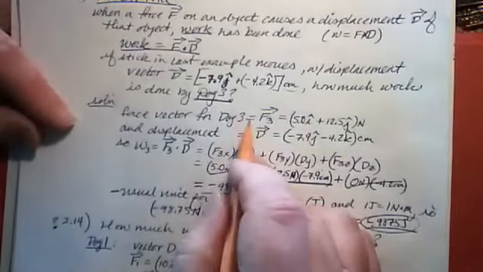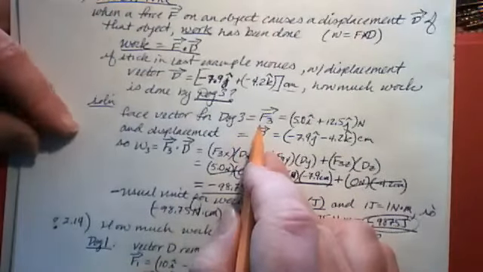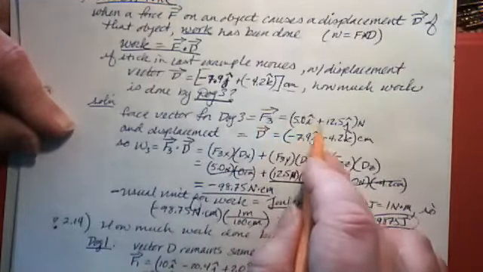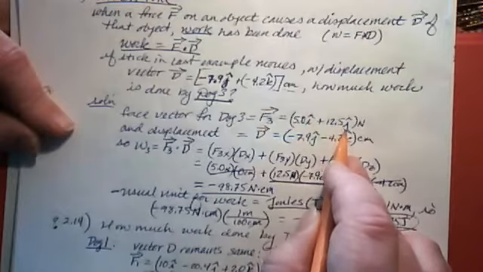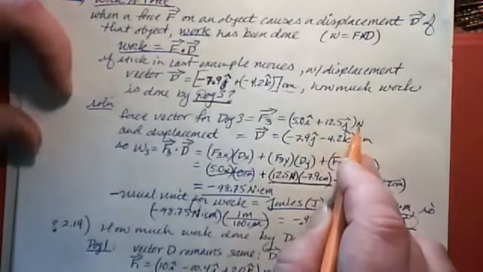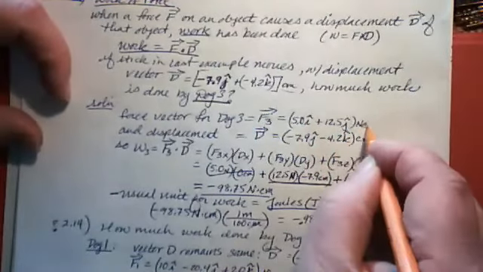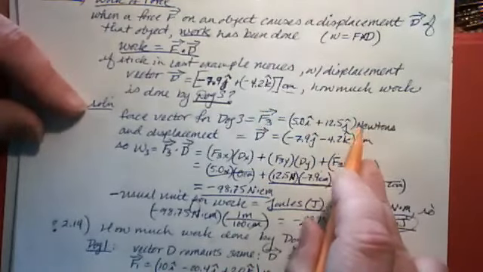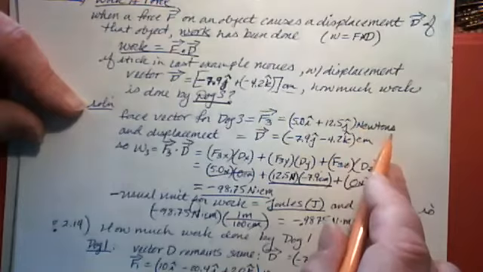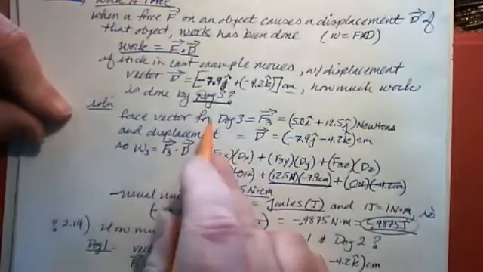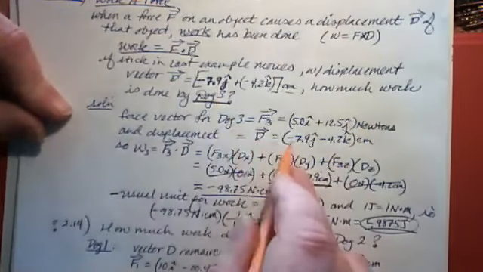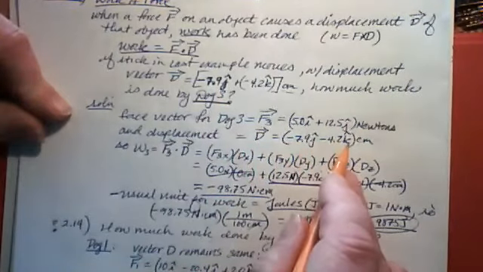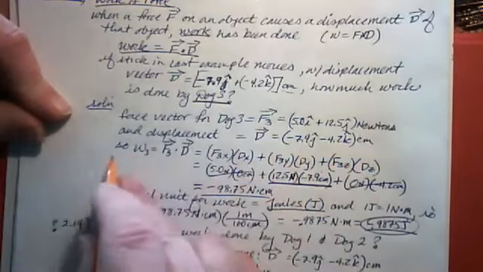Okay, so looking back, we'll recopy the equation for the force vector for dog 3. That was 5 times unit vector i plus 12.5 unit vector j newtons. So remember, capital N in this case means newtons, not north. And the displacement, which we were just given, is minus 7.9 j minus 4.2 k centimeters.